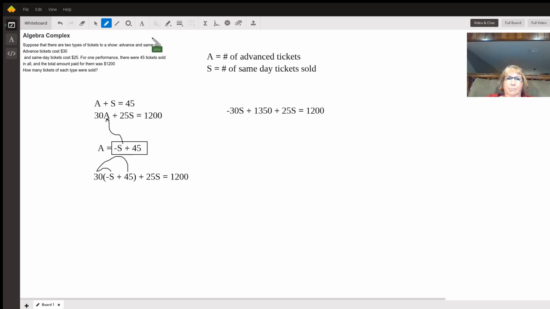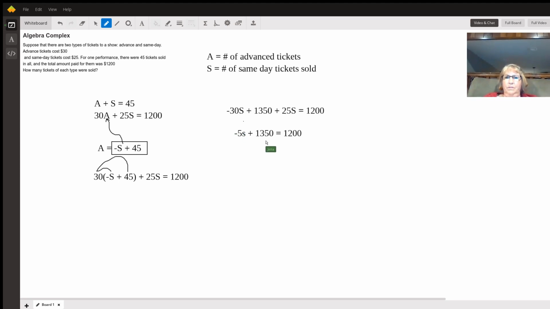Of course, I'll need to combine like terms at this point, so I need to combine the S's. I have a negative 30S and a 25S. When you put those two together, you end up with negative 5S plus 1,350 equals 1,200.